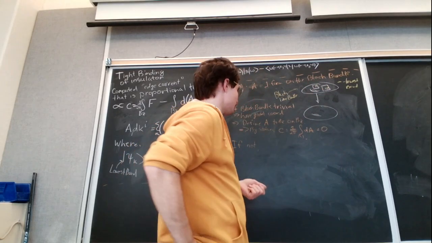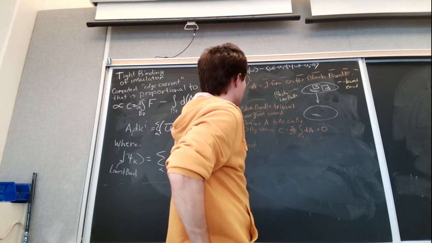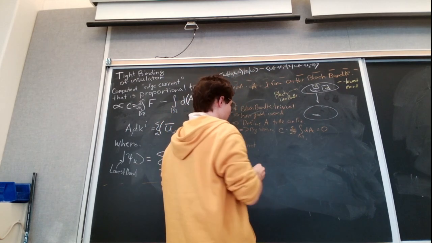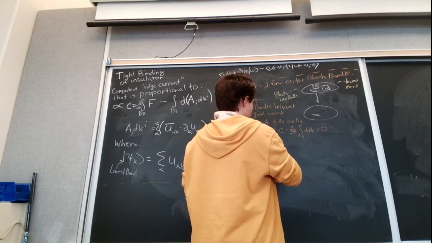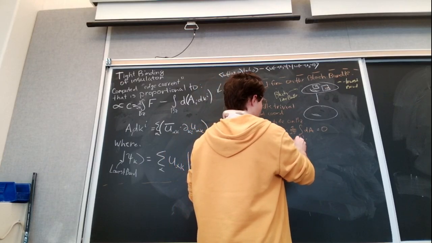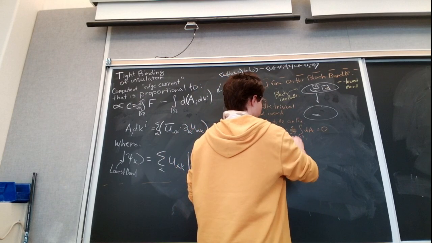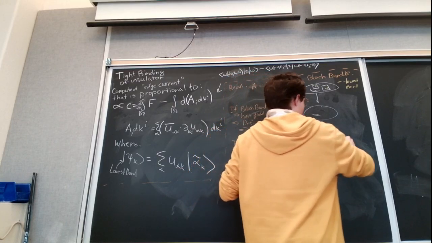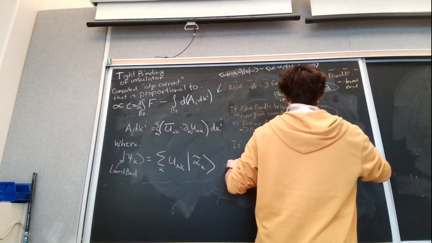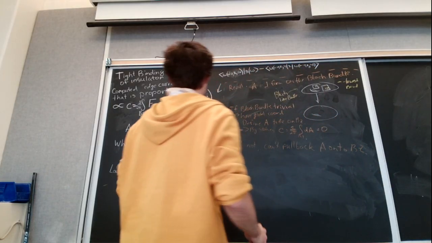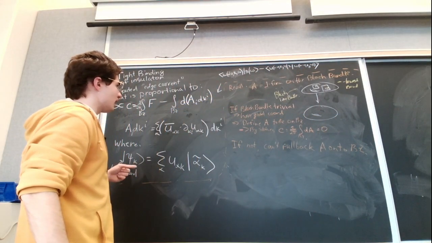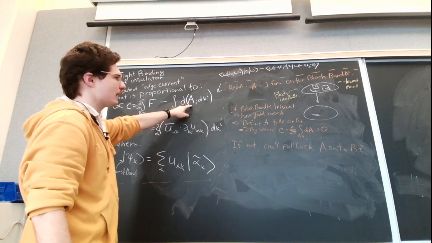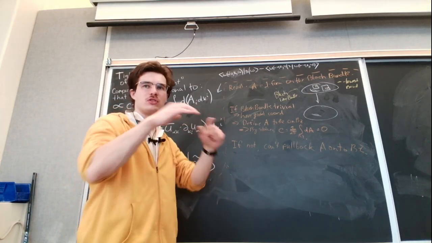And so in that case, I can't pull back A onto the Brillouin zone. And so in that case, I can only define A in local coordinate patches.